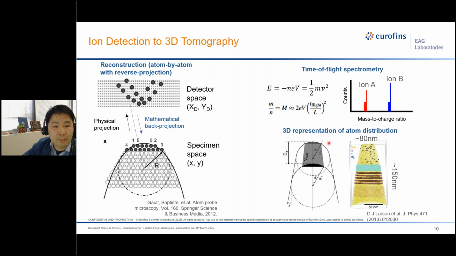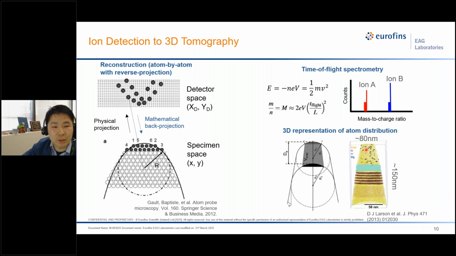So by collecting the evaporated ions, with identification through the mass-to-charge spectrum and their location from the 3D reconstruction method, we obtain this type of atom probe data.